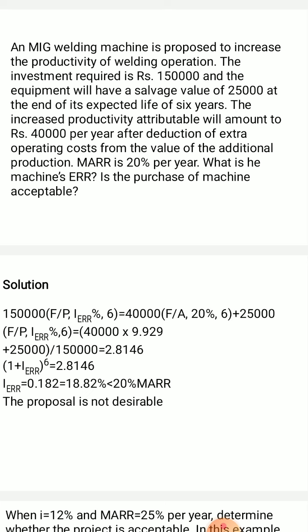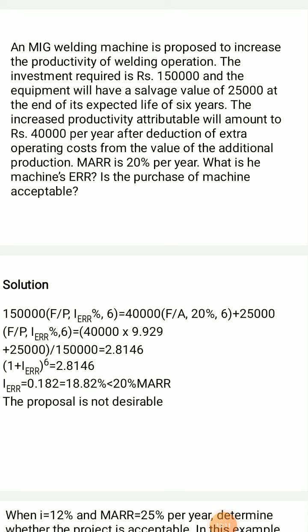The increased productivity attributable will amount to 40,000 per year after deduction of the extra operating cost from the value of additional production. MARR is 20% per year. What is the machine's external rate of return, and is this purchase of the machine acceptable? That is what is asked in this example.